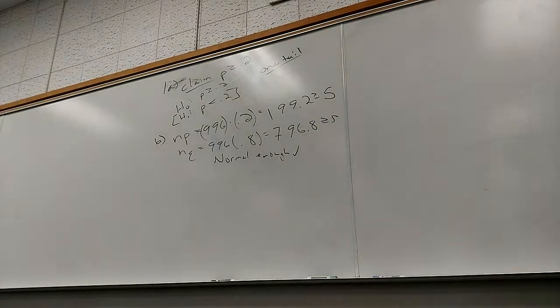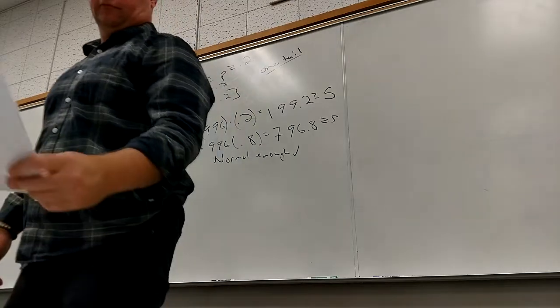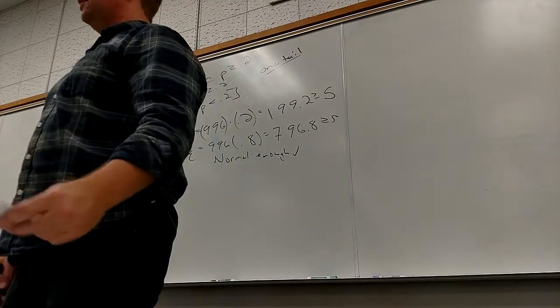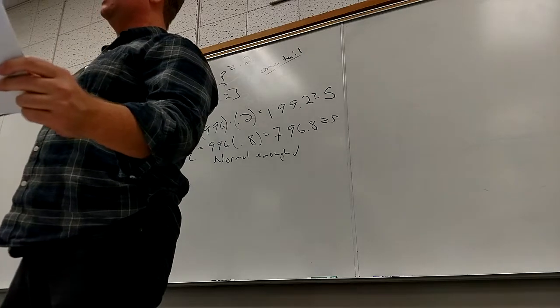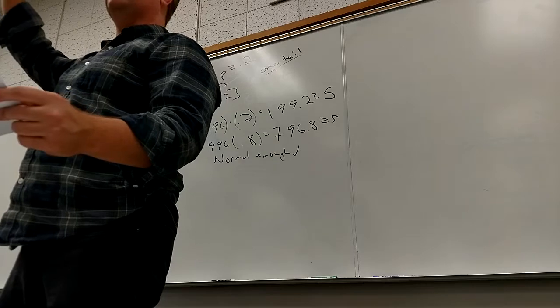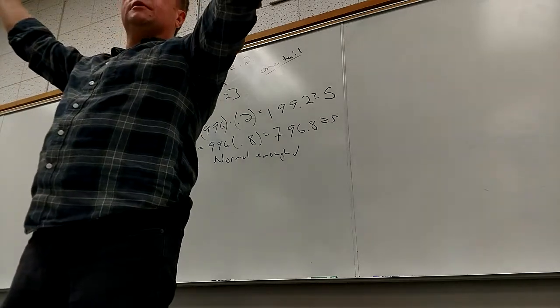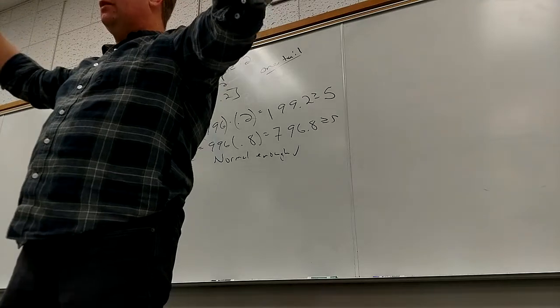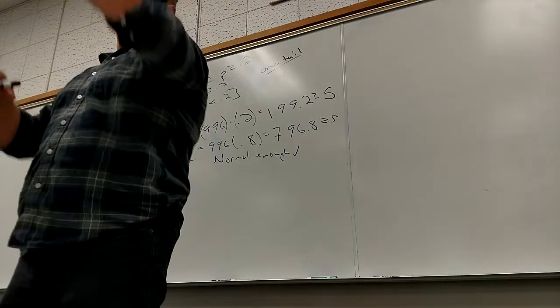All right, what do we do next? Get the rejection region. I want an alpha, which is called the level of significance. If I pass a 0.05 test, that is more significant than if I pass a 0.10 test. It's harder to pass a lower alpha.